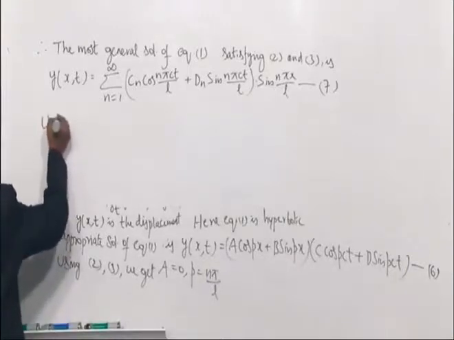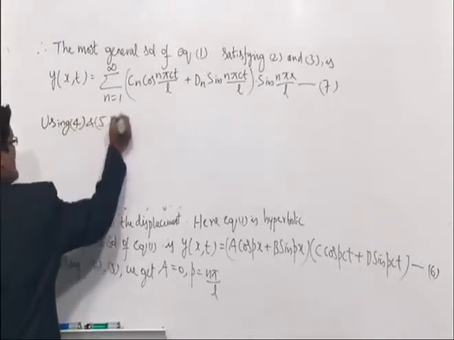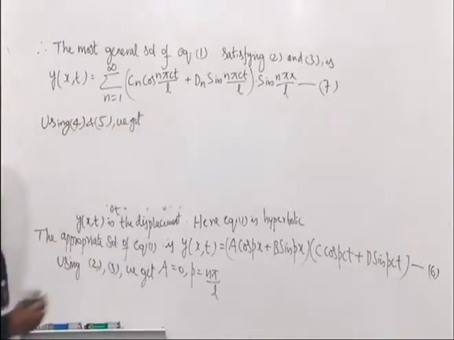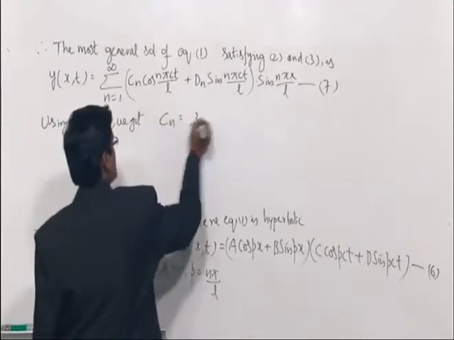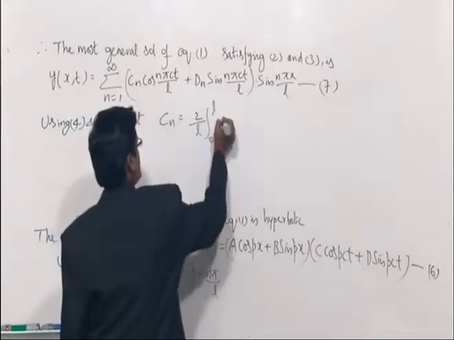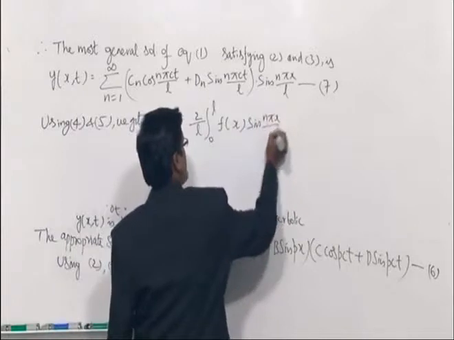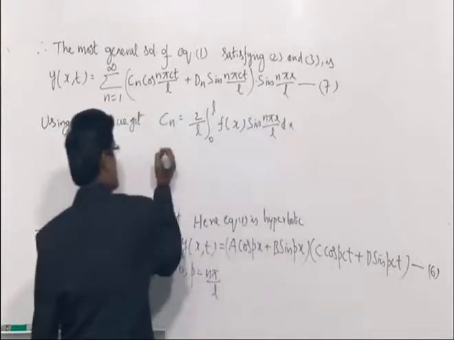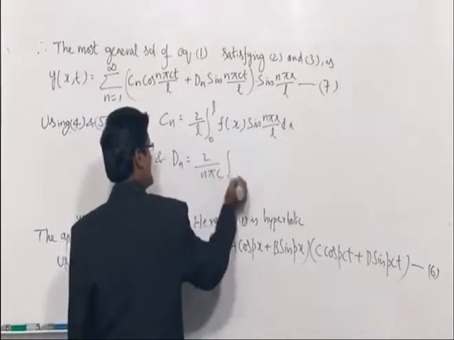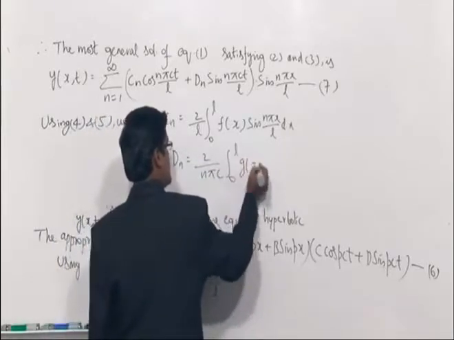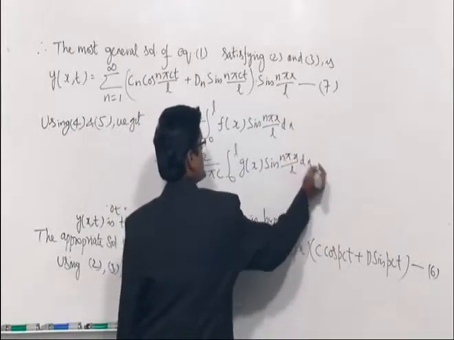Using 4 and 5 we get Cn is equal to, using Fourier series, 2 by L integral 0 to L f of x sin n pi x by L dx, and Dn is equal to 2 by n pi c integral 0 to L g of x sin n pi x by L dx.